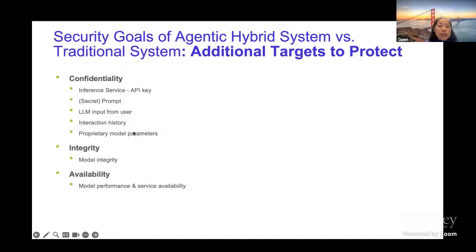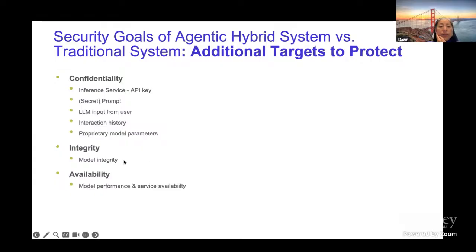For example, for confidentiality, besides user data as in a traditional computer system, we also need to protect sensitive information related to the neural components like the models, and also API keys for inference services, secret prompts, the input from users related to the prompts, the interaction history, the proprietary model parameters, and so on.